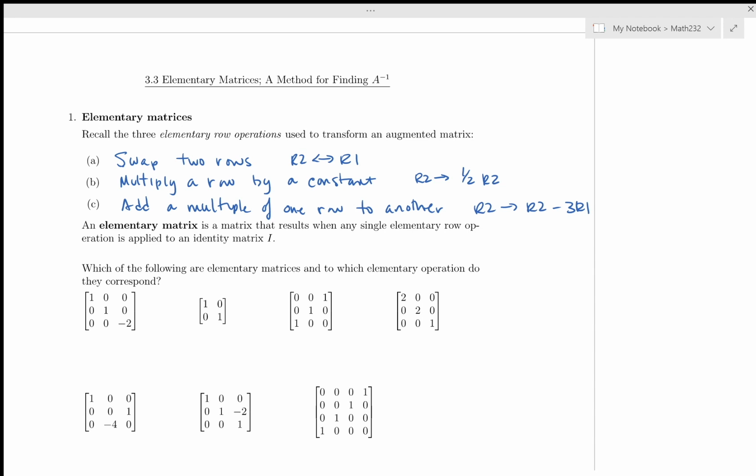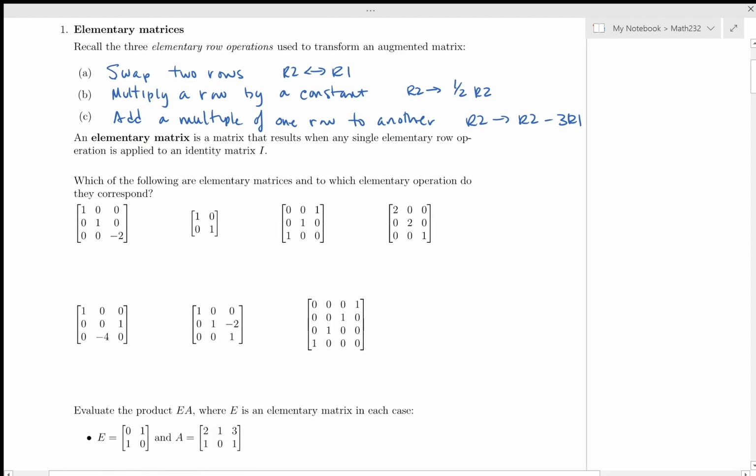So an elementary matrix is a matrix that results when any single elementary row operation is applied to the identity matrix. Let's take a look at these matrices here and see if we can recognize which of them are elementary matrices.